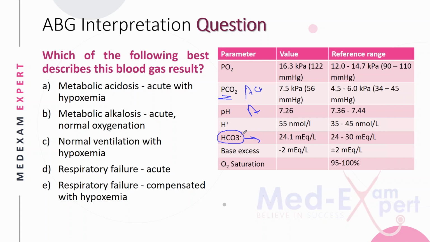So of course, no role in this disorder, and this is a kind of respiratory acidosis with still normal oxygenation and no compensation. So this is a case of acute respiratory disorder, acute respiratory failure, like we answered in our first example. So the right answer, of course, is D, acute respiratory failure.